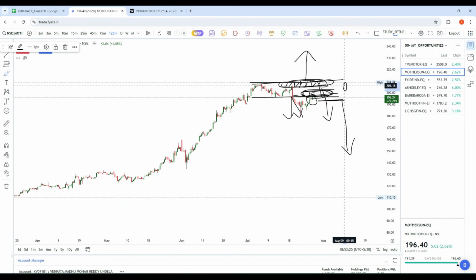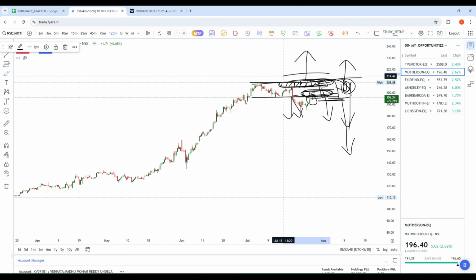Seeing this big green candle, people start entering on the bull side, even though the supply area is here. Happily they will put everything in, poor guys. Then the market will decide which side it has to go. Until this war happens, we should not react to this stock.